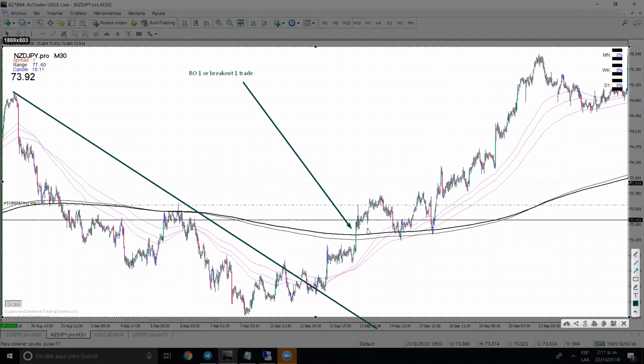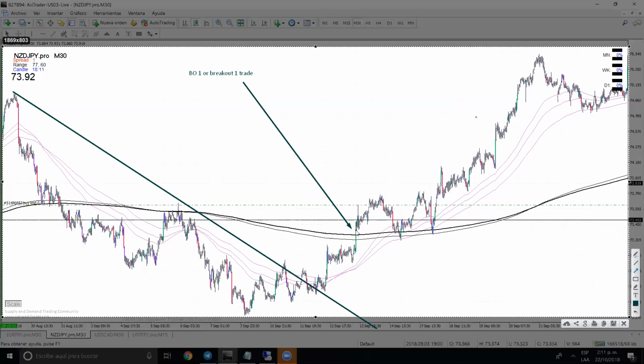Here there is no order with the tunnel or anything, just the price crosses and keeps above the tunnel. So here's a downtrend, breakout, and continued uptrend, it changes direction.